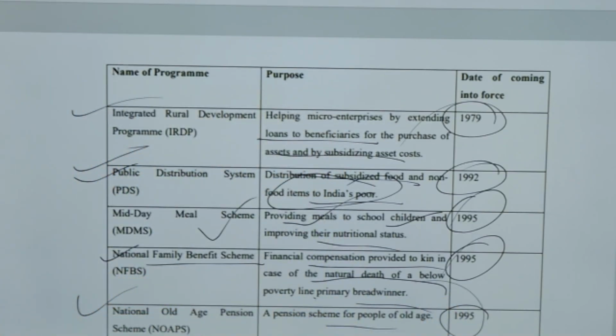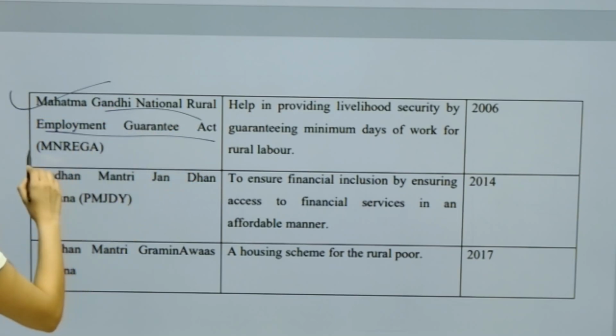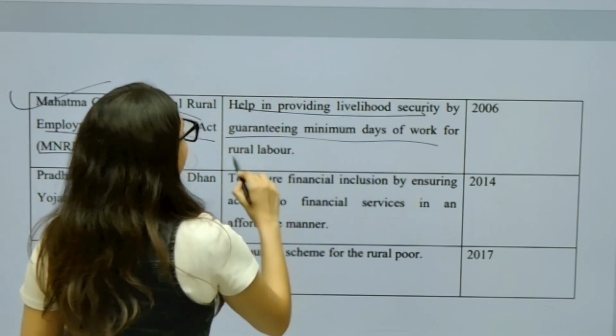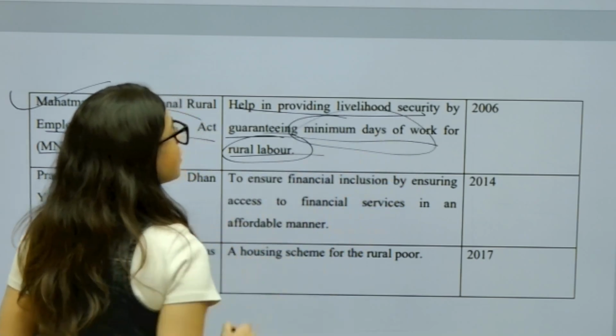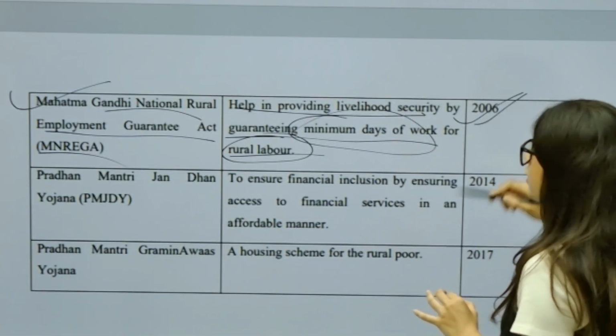Then the very famous scheme, the Mahatma Gandhi National Rural Employment Guarantee Act, MNREGA, which provides employment of 100 days in rural areas. It is 100 days of paid employment, introduced in 2006.